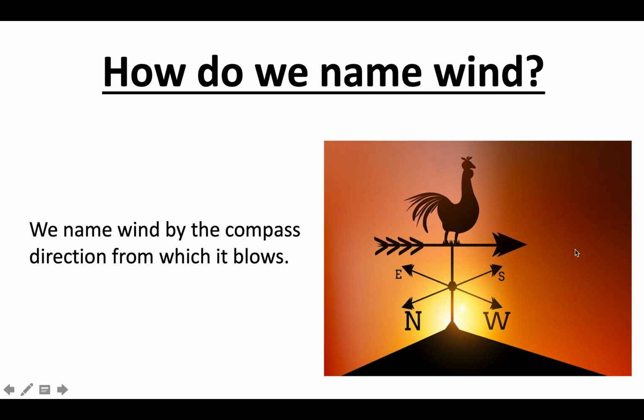So depending on what direction, this little arrow will point towards the direction the wind is blowing in on a windy day, okay? So if it is blowing towards the south, then this chicken will be moving towards the south. If north, same thing, okay? So we name wind by the compass direction it blows in. So whether it's north, south, east, or west.